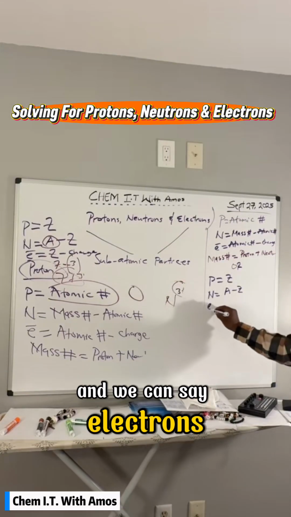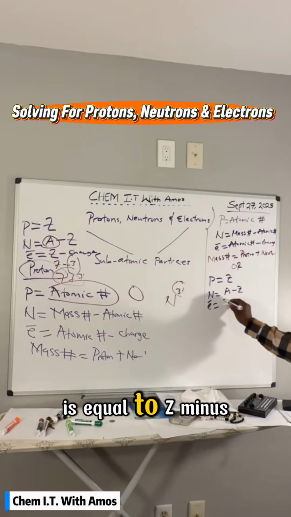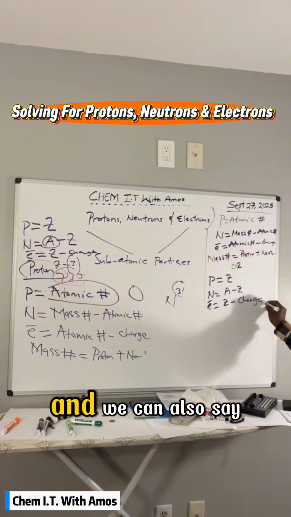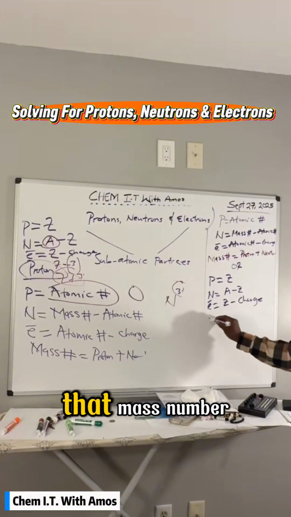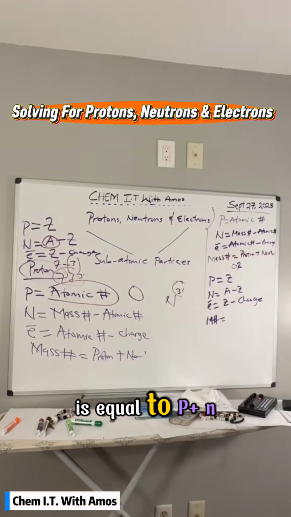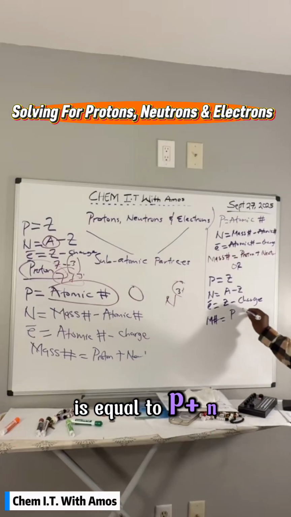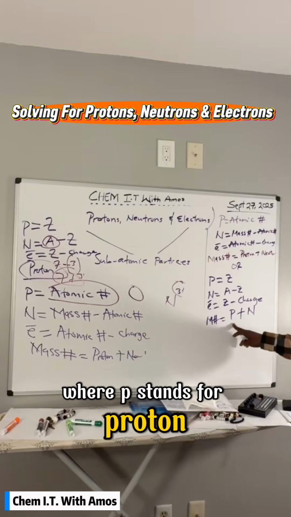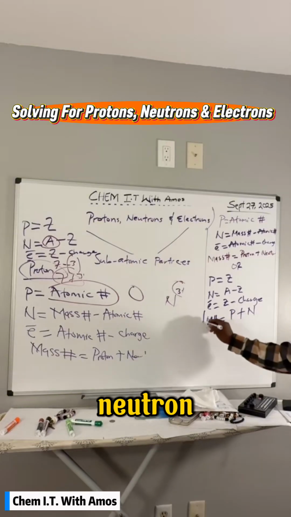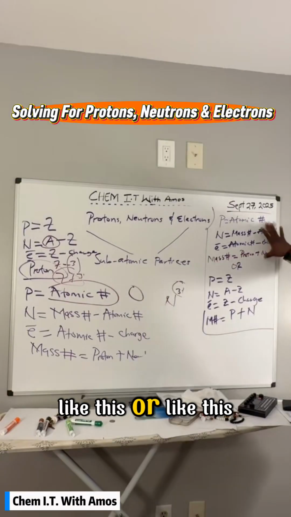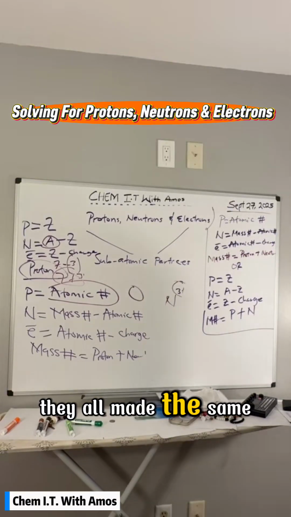And we can say electrons is equal to Z minus the charge. And we can also say that mass number is equal to P plus N, where P stands for proton and N stands for the neutron. So you can learn those formulas like this or like this. They all mean the same, right?